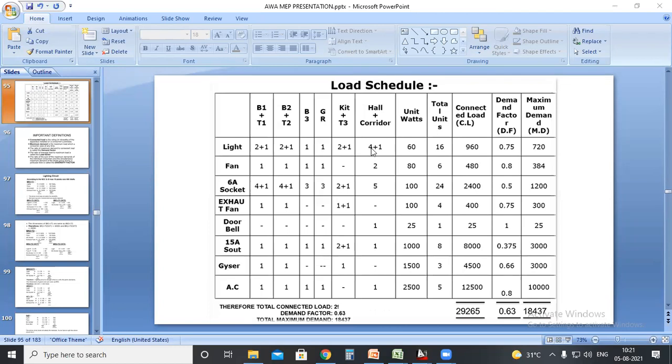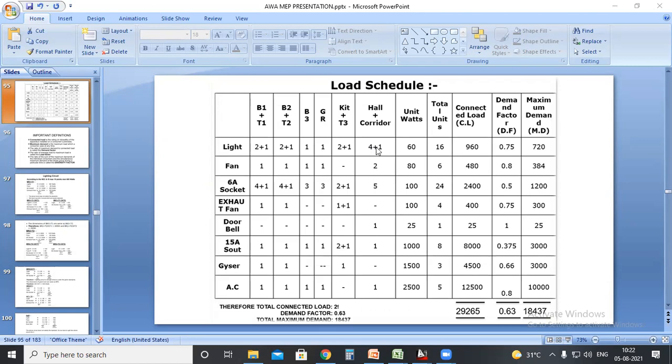Just split and tell me the circuit 1 and circuit 2 load. Like 500 watts plus 485. If it is possible, you can split by taking the number.